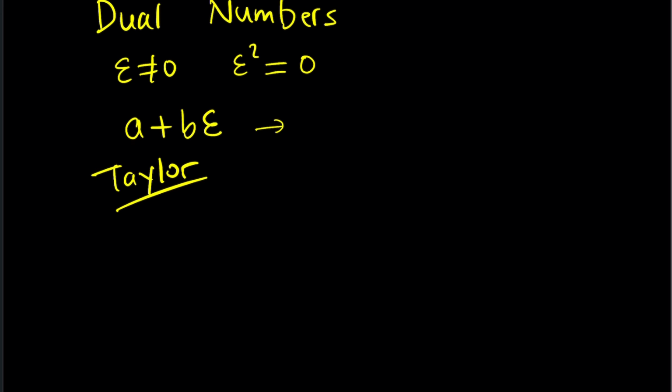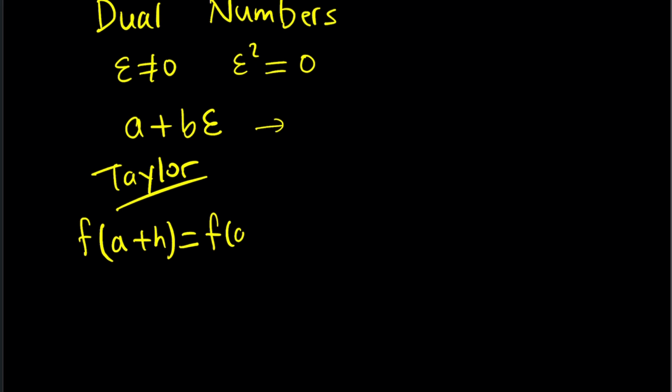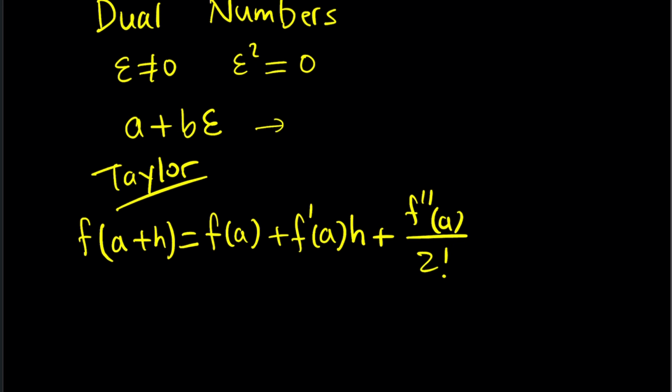So as you know, or you should know, we can write f of a plus h. You can also write it for f of x plus h, but I want to use a particular value, which you'll see why in a little bit. This is equal to f of a, and this is easy to prove, by the way, plus f prime of a multiplied by h. And then what we do is basically we keep differentiating at a, and then whatever the degree, however many times we differentiate, we divide by that number factorial, and then multiply by h to the power of that number.